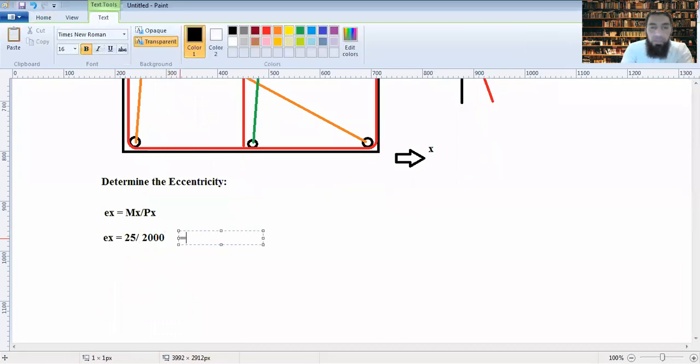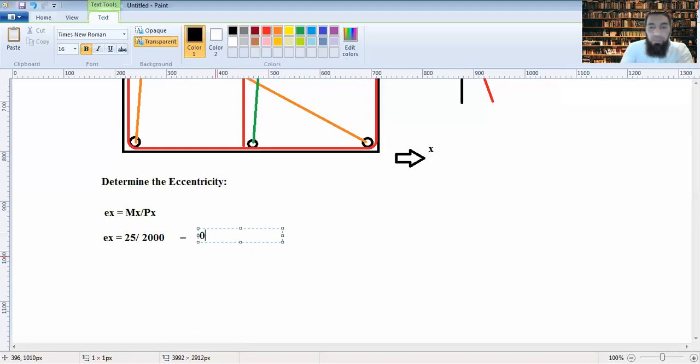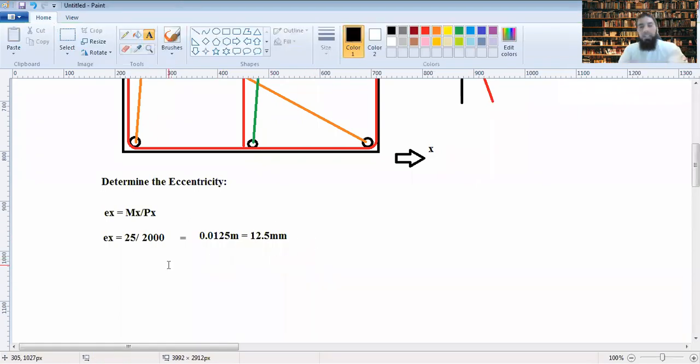So 25 by 2000 is 0.0125, and this is in meters. When you convert it into mm, it's 12.5 mm, which is the eccentricity that you are getting here.